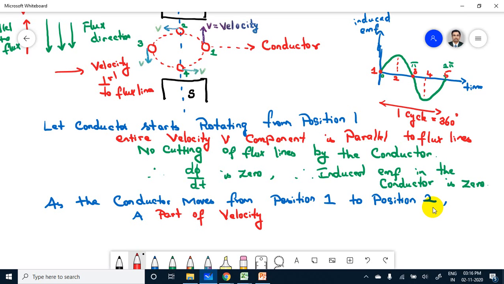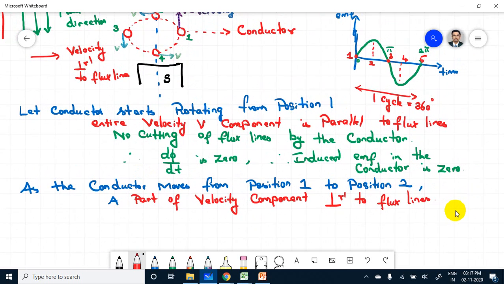So the part of the velocity component is perpendicular to flux lines.